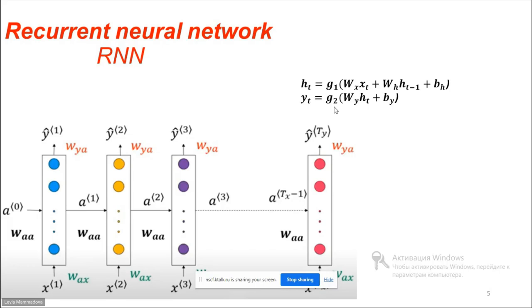These equations define a fundamental RNN. The hidden state is updated at each time step with the current input.